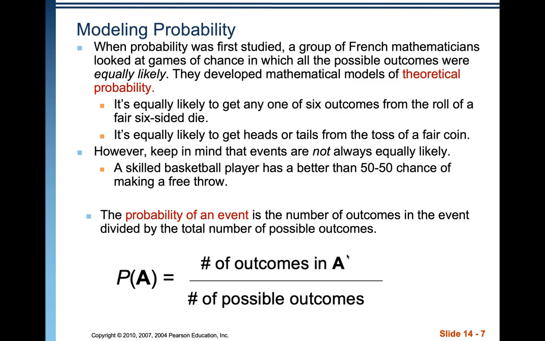You are also equally likely to get heads or tails from the toss of a fair coin. So that was another game they looked at. However, keep in mind that events are not always equally likely. A skilled basketball player has a better than 50-50 chance of making a free throw. The probability of an event is the number of outcomes in the event divided by the total number of possible outcomes.